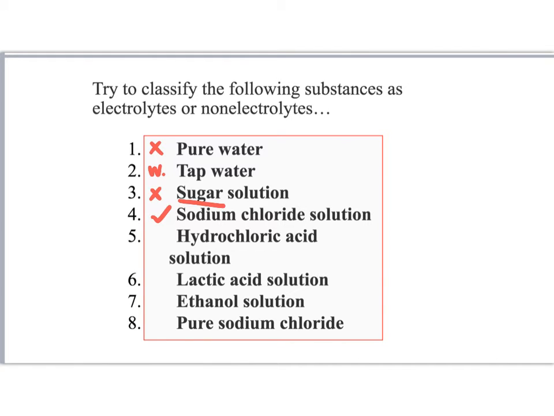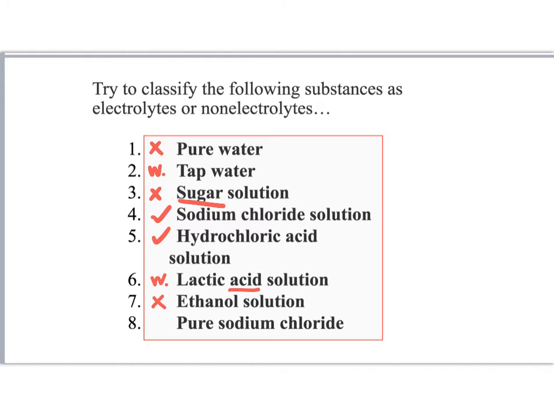So sodium chloride is ionic. It fully dissociates into the water and will conduct a current. Hydrochloric acid is a strong electrolyte. Strong acids are strong electrolytes. Lactic acid, it is an acid, but because it's an organic acid, it would be weak. You do not need to memorize a list of weak acids because there are so many of them. Ethanol is covalently bonded. It does dissolve in water, but it does not conduct electricity.